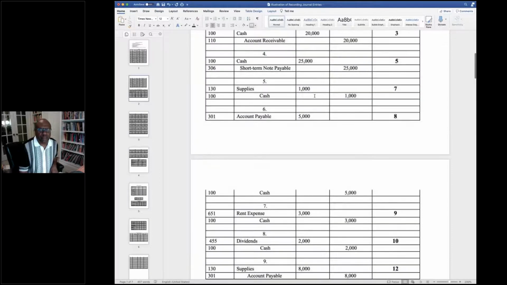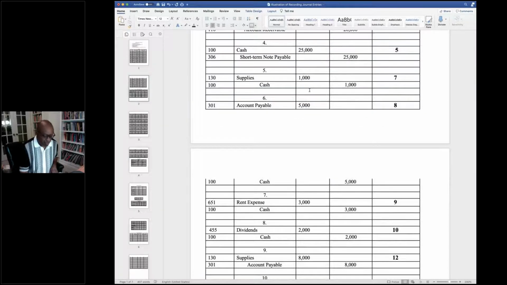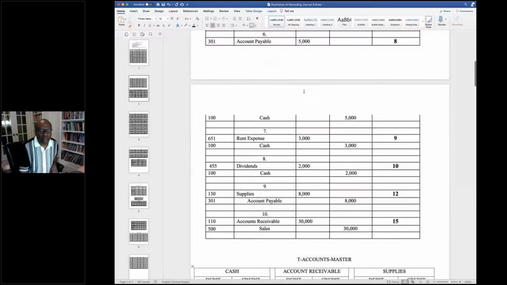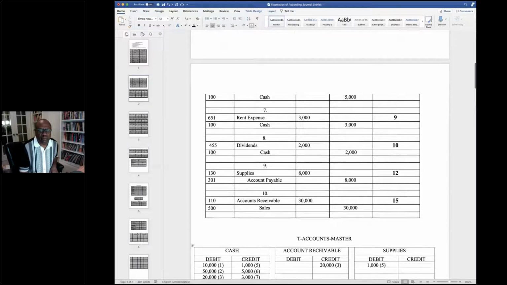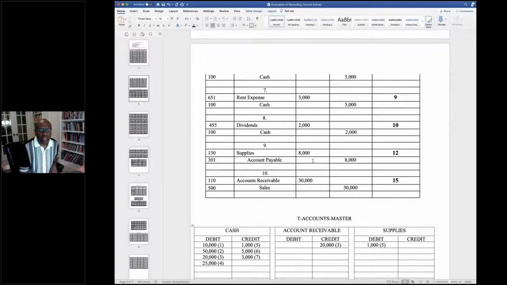Okay. Let's move on to our next transaction. So we're up to transaction 8, where we're paying out the dividends. And dividends are payments to owners.